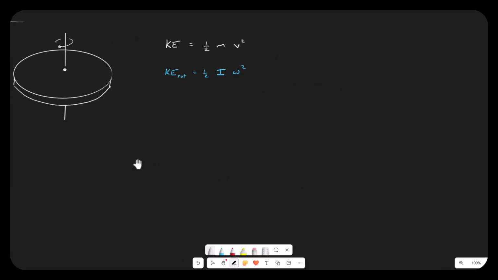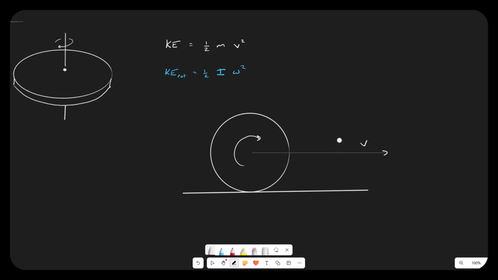If I have an object that's rolling, then I have half mv squared, and I also have half I omega squared. I have both. So when I do a problem that involves energy conservation, I can consider both of those.